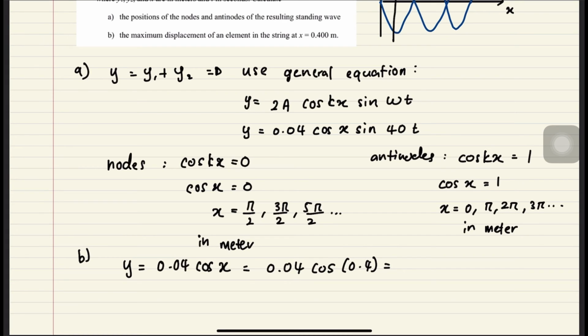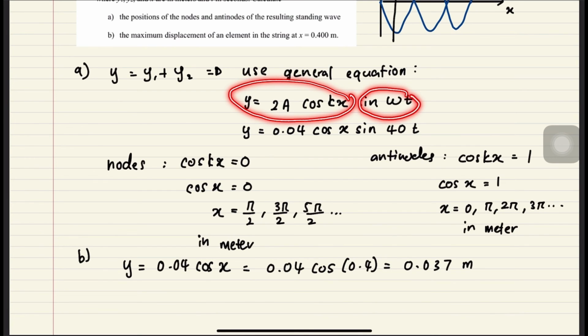I got here 0.037. Again, make sure your calculator is in radian. So it will be in meters. The reason why you only substitute inside here is because we assume that this one is at maximum, and the sine graph is at maximum when it is equal to 1. So I'm going to write it down over here.